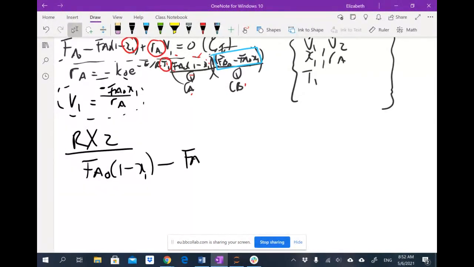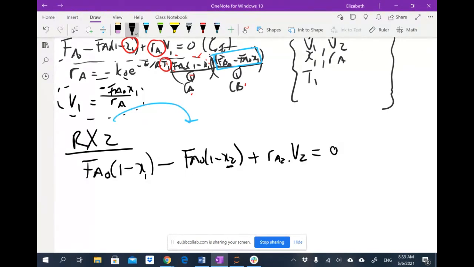And what goes out? FA naught (1 minus x2). Remember, x2 is the blue x2. It's based on that overall conversion over that reactor. And then I've got the rate in reactor 2 times the volume of reactor 2. So I've got the two unknowns, volume 1 and volume 2.